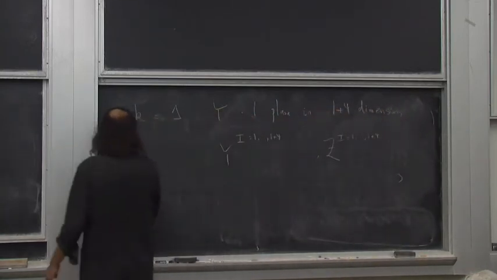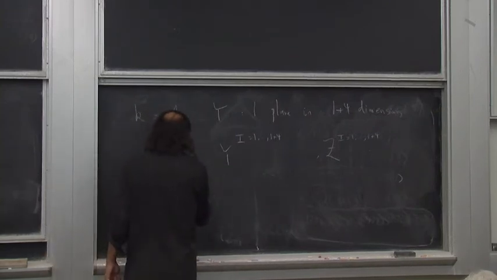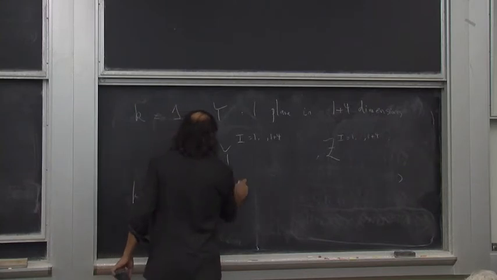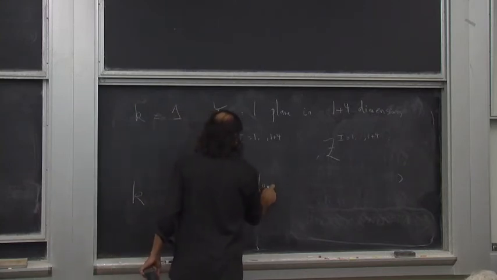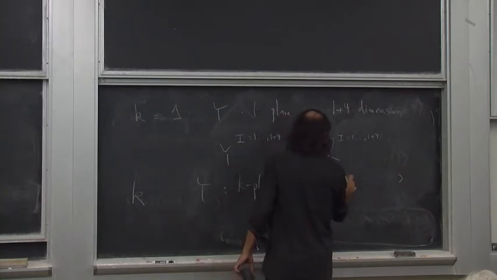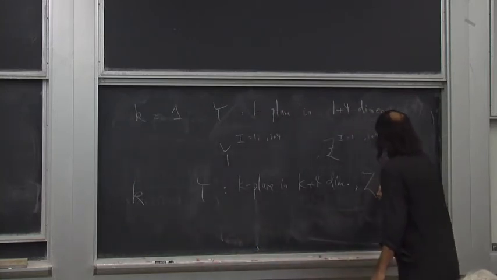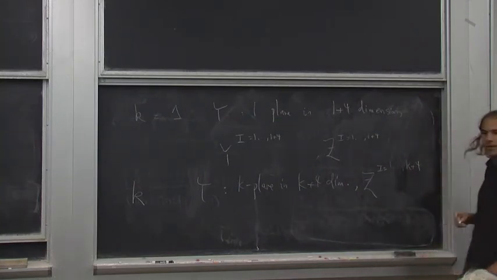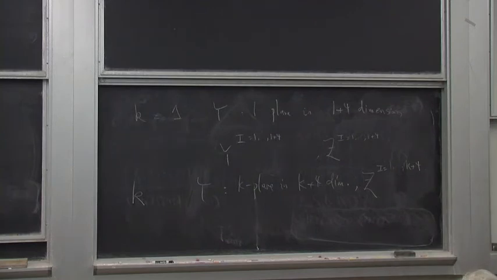For general k, we have k y's, and y is a k-plane in k plus 4 dimensions. The k plus 4 is because the z's themselves are k plus 4 dimensional vectors. And so we've made all this extra room in k extra components to get the Grassmann weight.